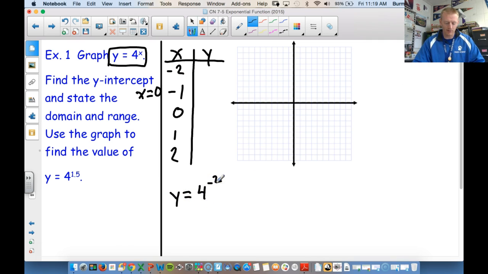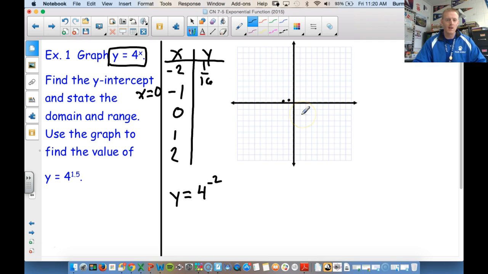So in your calculators, you're just going to say 4, little caret key, -2, and you get the answer of 1/16. Okay, 1/16, so we go to the left 2, and 1/16 is just barely above 0. It's the exact same thing with 4 to the -1, which is 1/4, so we go left 1, up 1/4, just a little bit higher up.